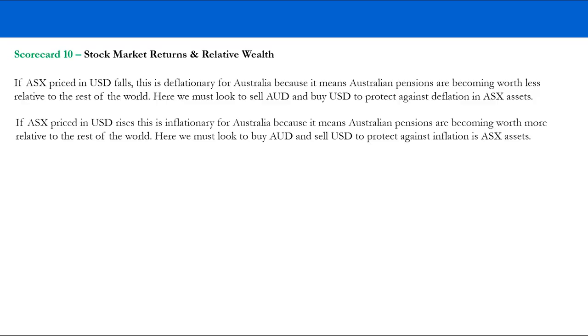So imagine if you are an Australian yourself and you have a very high amount of your wealth tied up in the Australian stock market, in Australian stocks, or you have a lot of your wealth tied up in your home or your business.